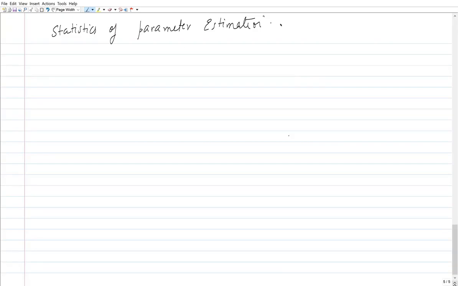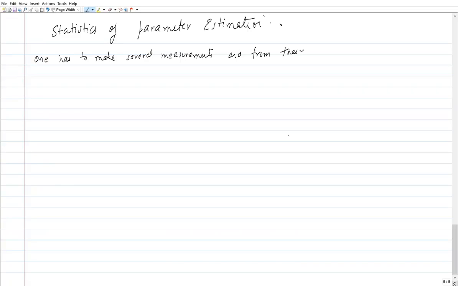As we have seen previously, one has to make several measurements from the statistics, and from these statistics, one infers the parameters.